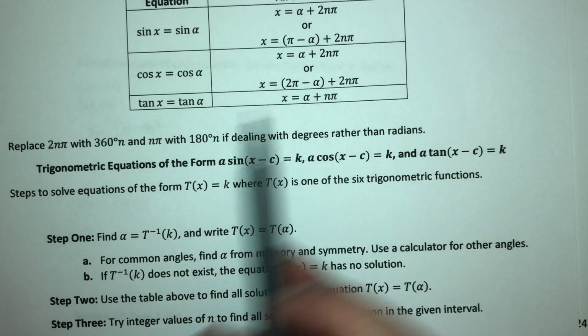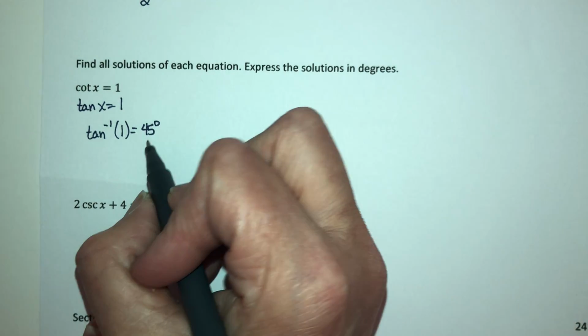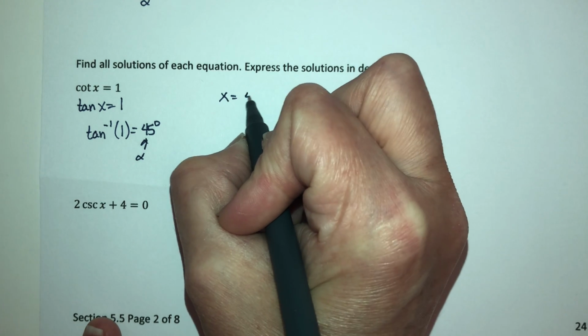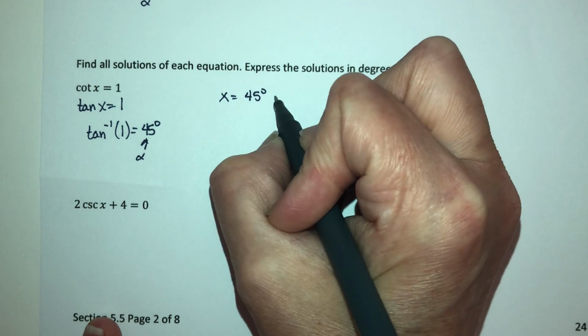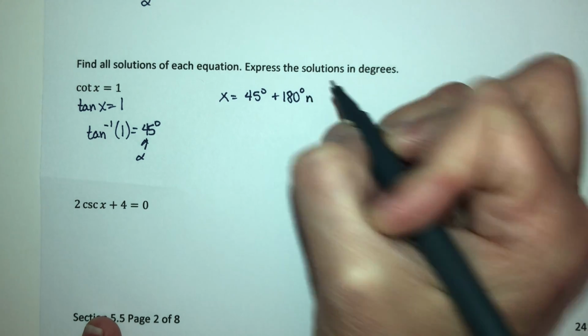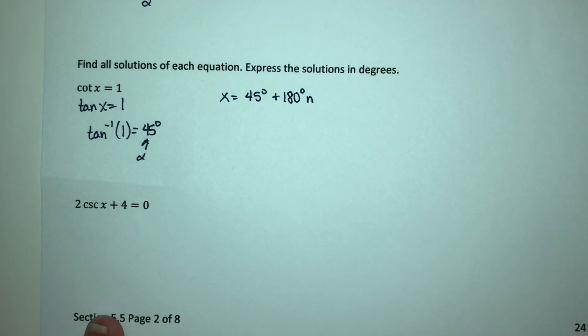Instead, we're not dealing with radians, so we'll be dealing with 180 degrees. And this is our alpha. So our x values are 45 degrees plus 180 degrees n. So 45 degrees, and then I can keep adding 180 degrees over and over and over again until you have as many solutions as you could possibly want.